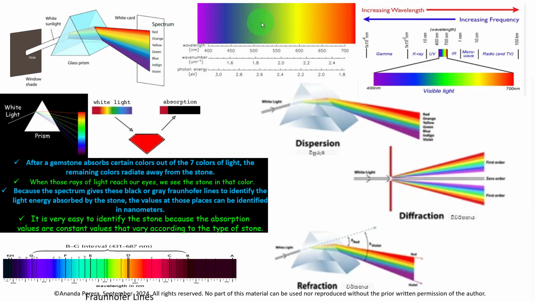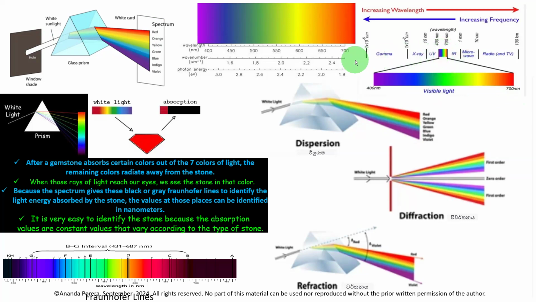I think you know it. It is here, the 7 colors. The wavelength range of 400 to 700 nanometers is the visible range of our eye. It is called visible light.